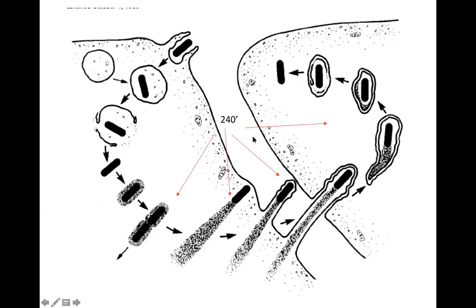And here are the stages seen at 4 hours. Stationary dividing cells with a uniform mat of actin. Cells that have developed their actin comet tail, using that common tail presumably to push out of the cell and interact with adjacent cells to effect invasion.